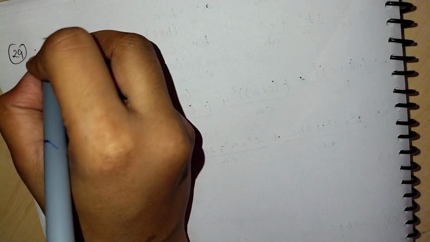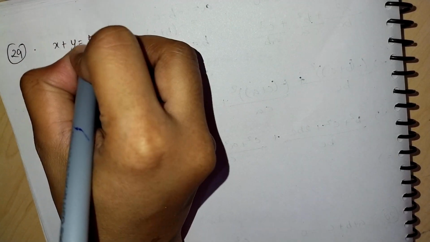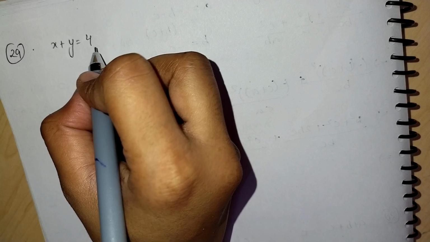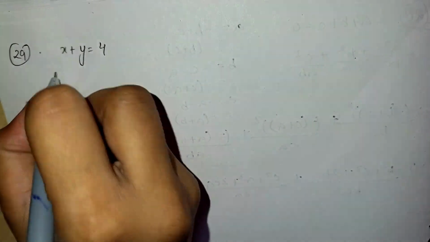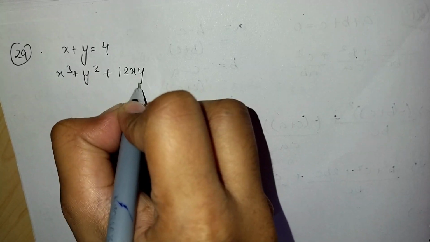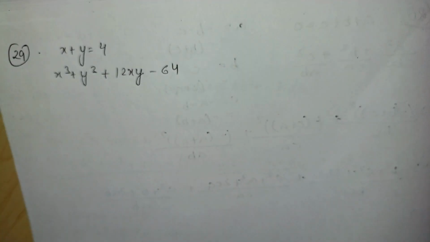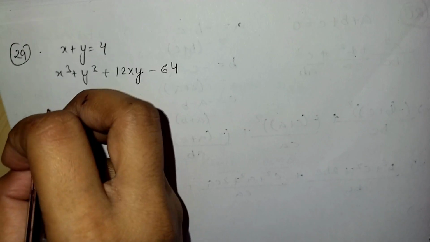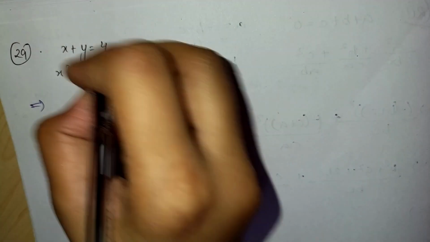Let us solve the 29th question, which says that if x plus y equal to 4, then find the value of x cube plus y cube plus 12xy minus 64. So on solving this, let us cube on both sides.